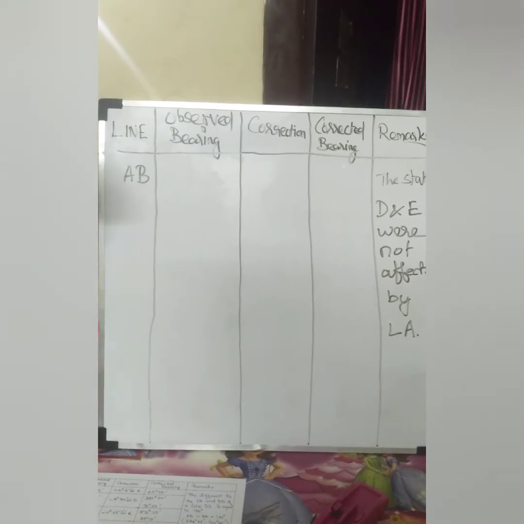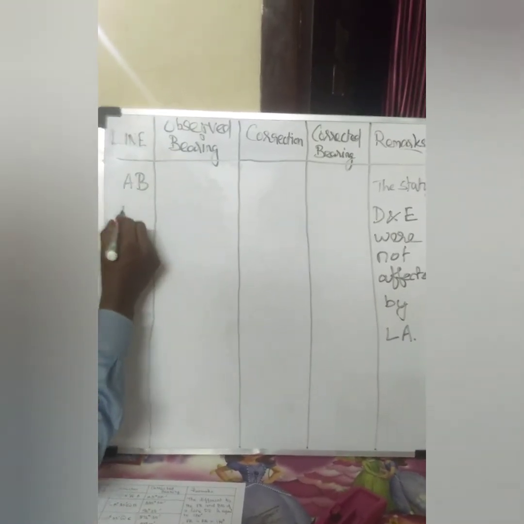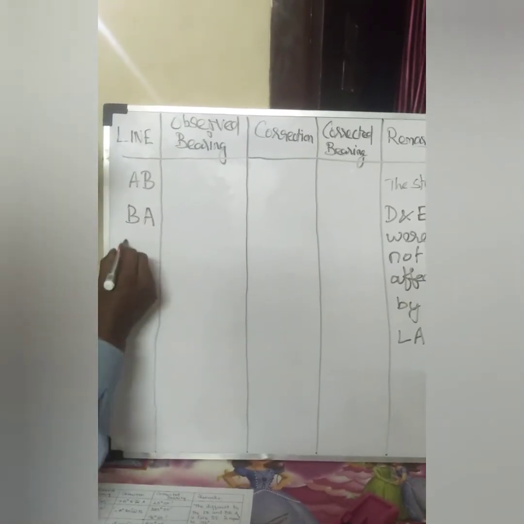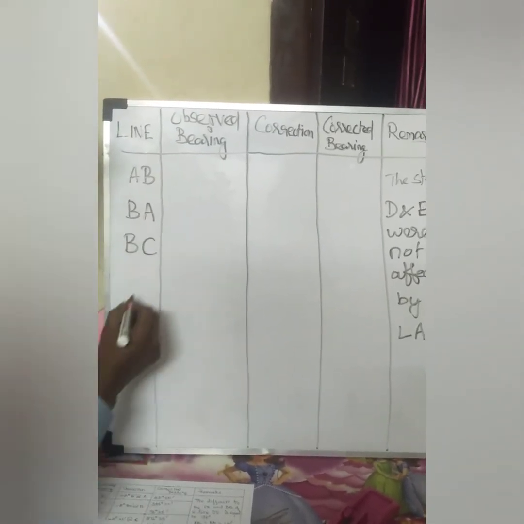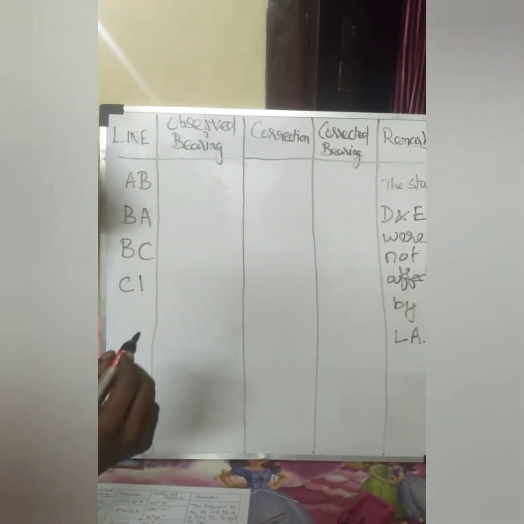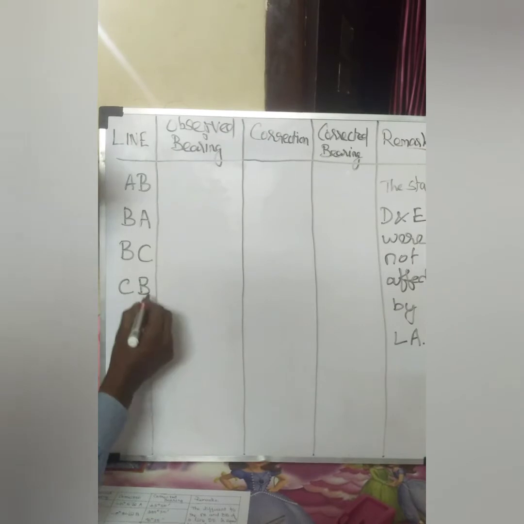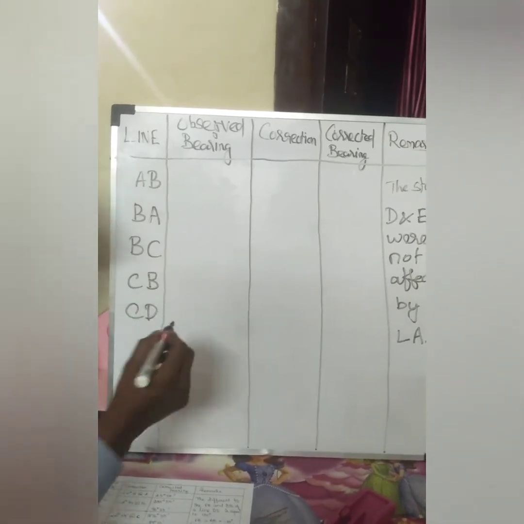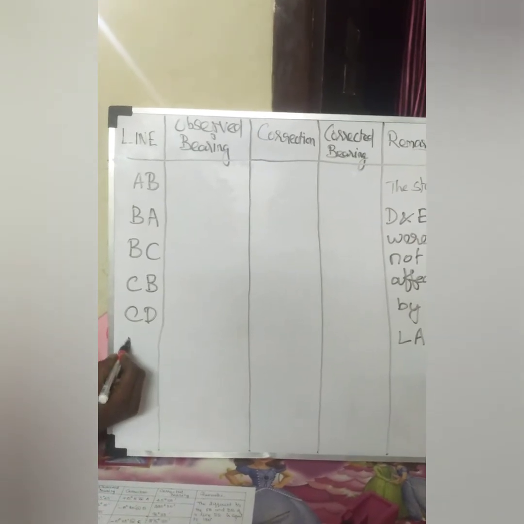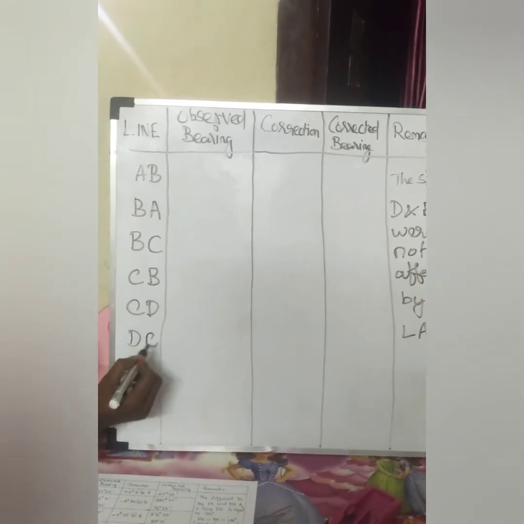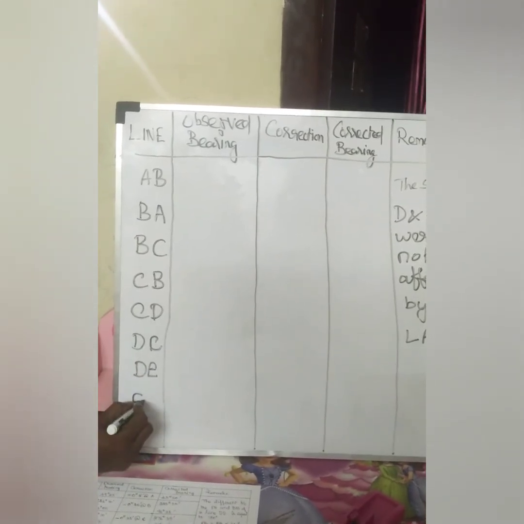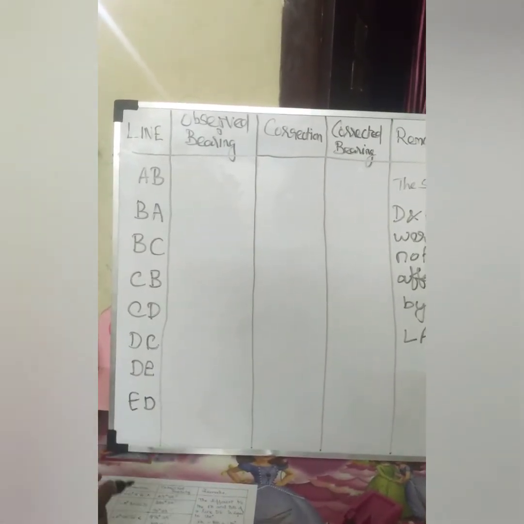Line AB, line BA, line BC, line CB, line CD, line DC, line DE and line ED.